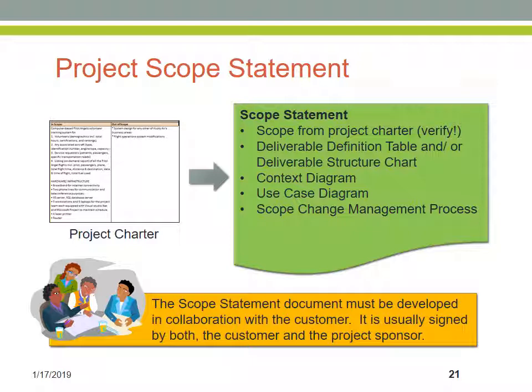The project scope statement also contains a deliverable definition table or a deliverable structure chart that contains the assets that need to be generated throughout the project scope. And then here in our case contains a context diagram and a use case diagram, both of which address the technical product scope, since the product scope is a major part of the entire project scope.